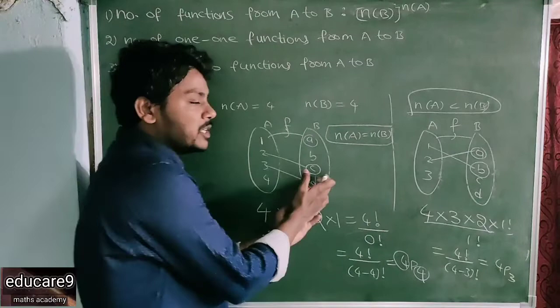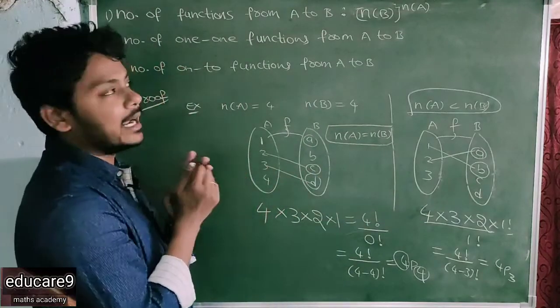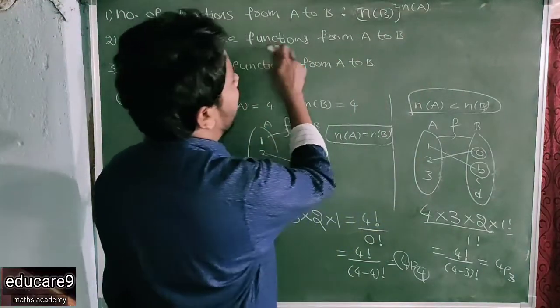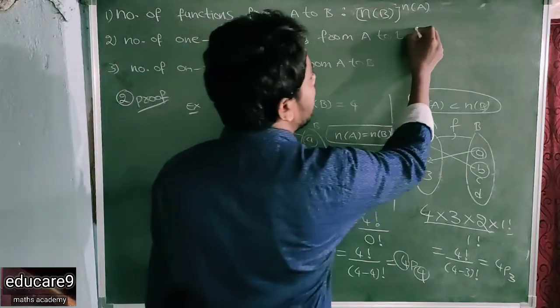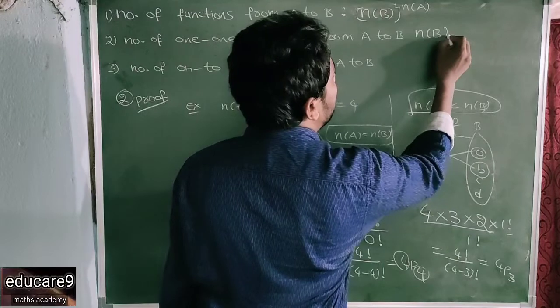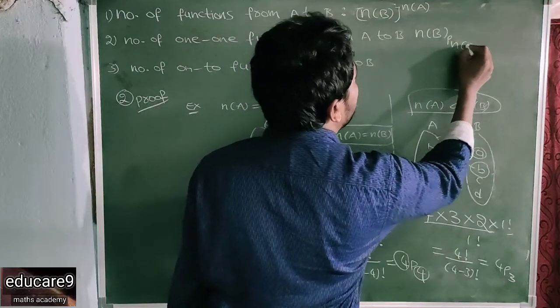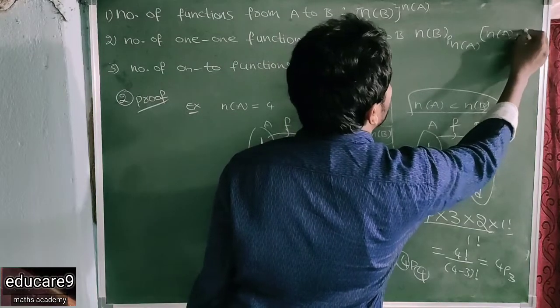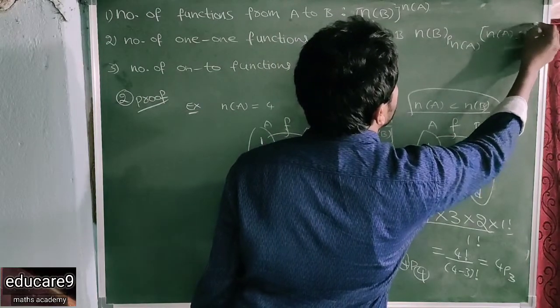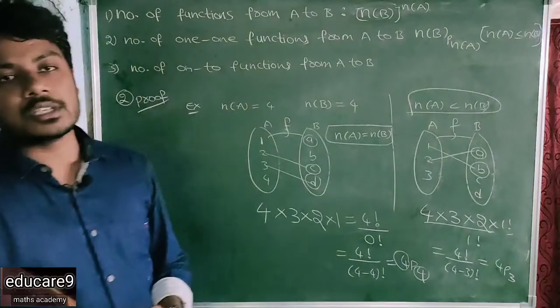So from these two cases, you can write the number of one-one functions from set A to set B is n(B)Pn(A). Here the condition is n(A) is less than or equal to n(B). This is the first thing.